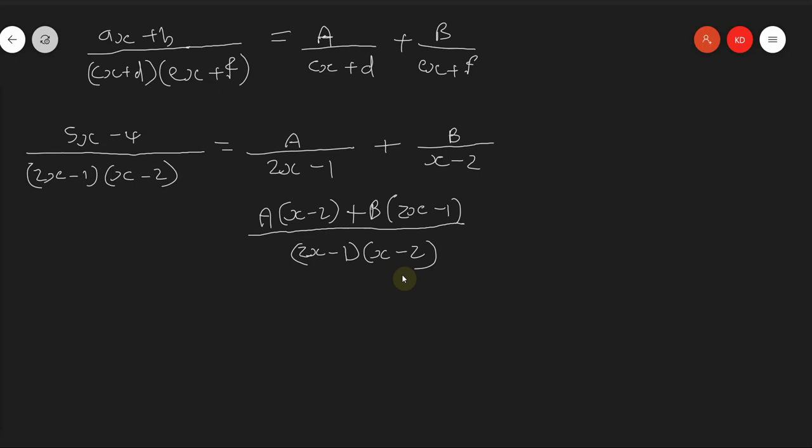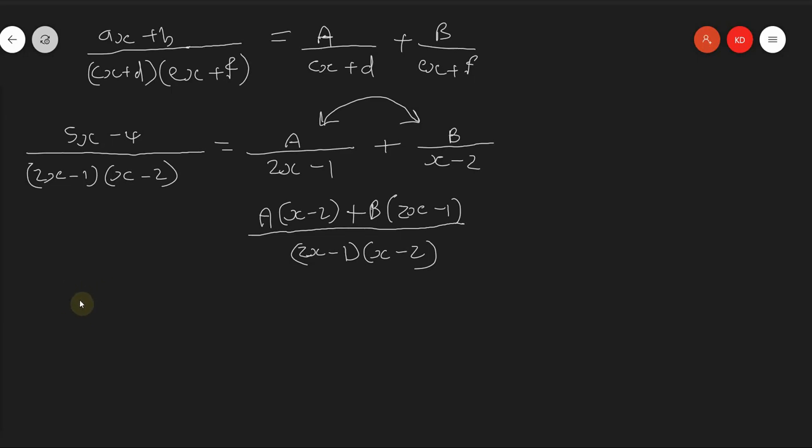Now what you need to note is that since these two partial fractions are supposed to be added to give us back this fraction here, that means the numerator of this fraction must be equal to the numerator of the original fraction.